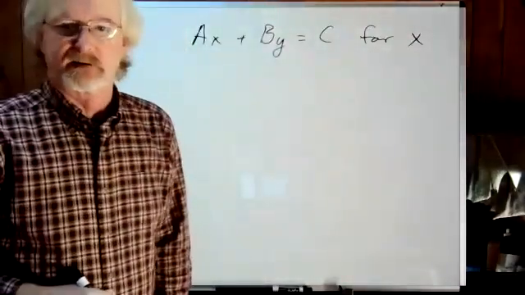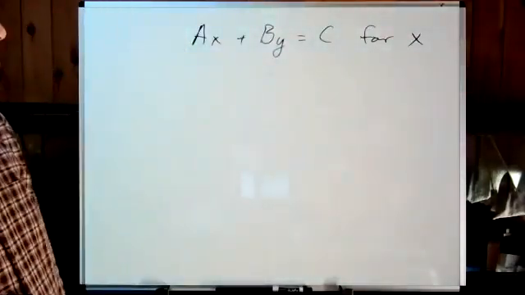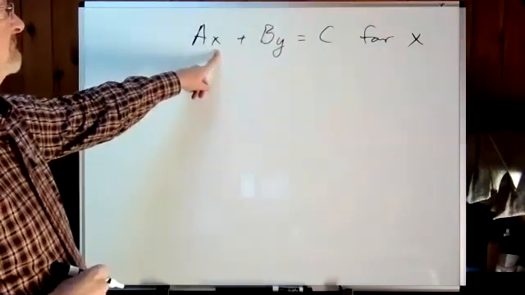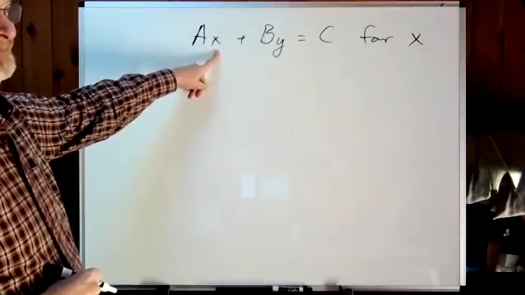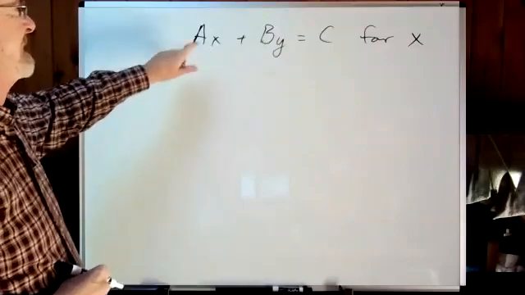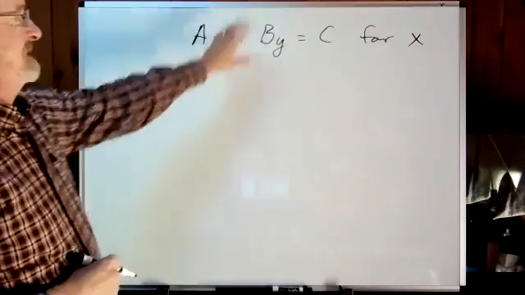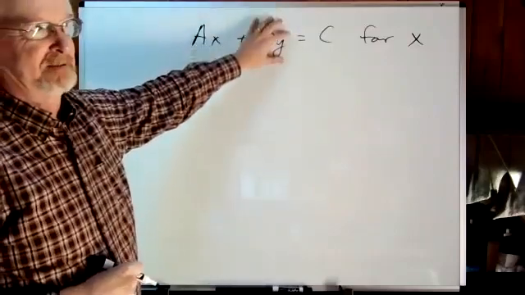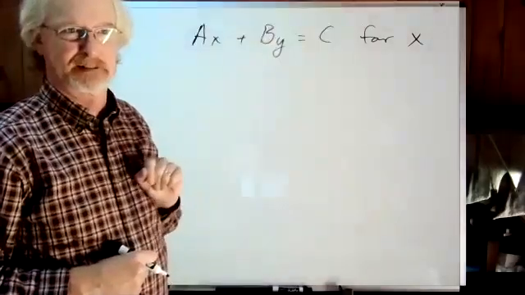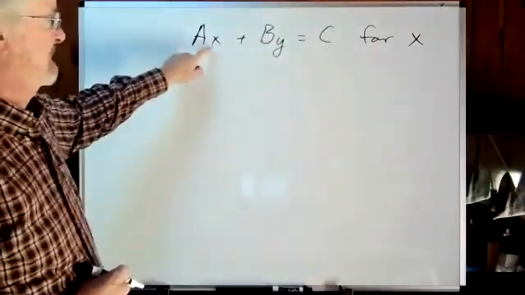How about solving this one for the x? There's the x. So this term has this other term added to it before it equals c. I want to get this x alone.